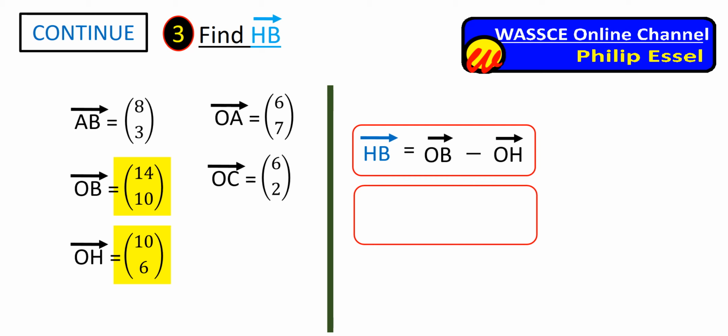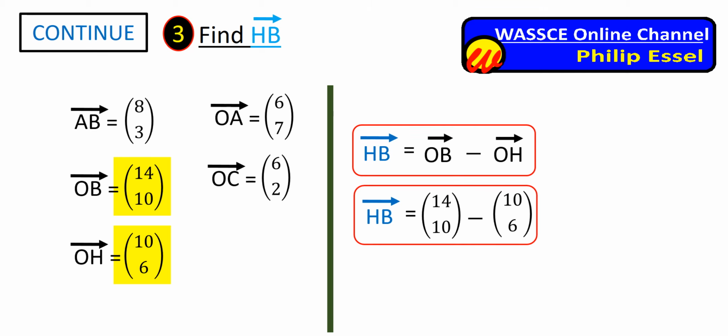So at this point, we are set to substitute our position vectors into the equation so we can solve for the vector HB. So our vector HB is equal to the vector OB, which is 14, 10, minus the vector OH, which is 10, 6.